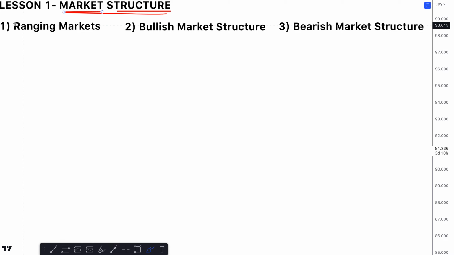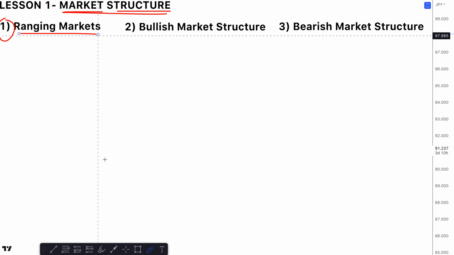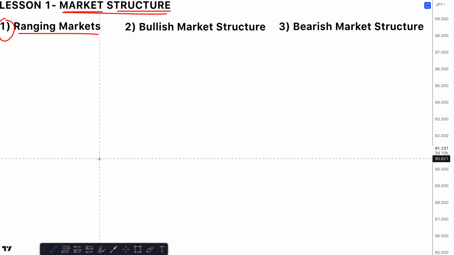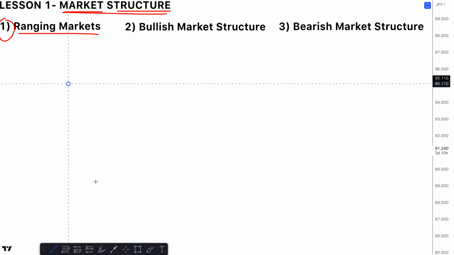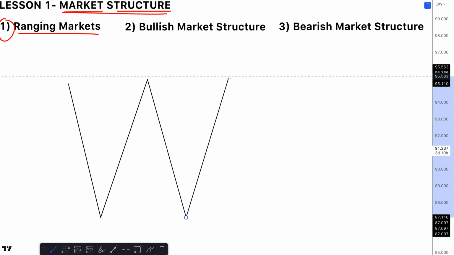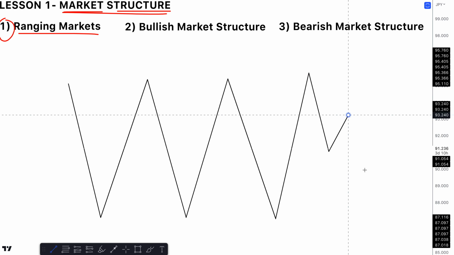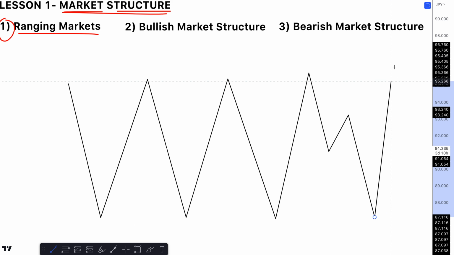Number one, I want to talk through ranging markets. This is very simple. This is simply where price is stuck between an upper and lower bound. Price is just ranging, chopping around, there is no real directional bias.